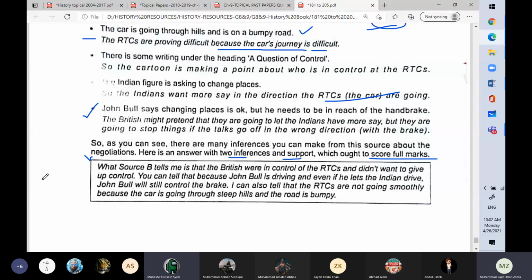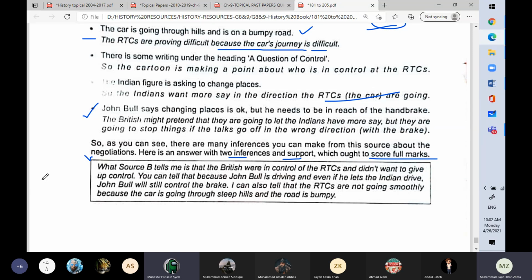This car is going through a hill and is on a bumpy road. The RTCs are proving difficult because the car's journey is difficult. There is some writing underneath the heading, "The Question of Control". So the cartoon is making a point about who is in control of the RTCs. So only Source B?